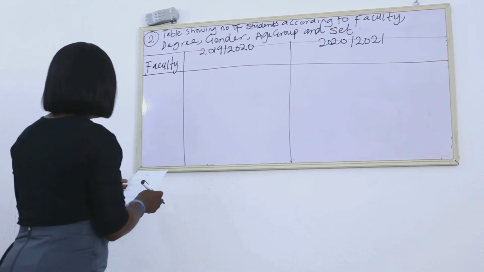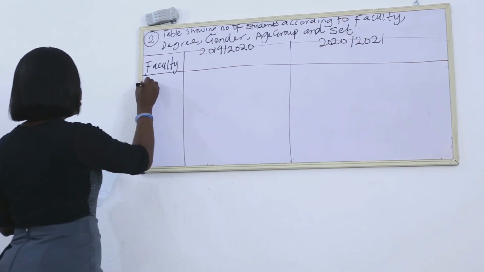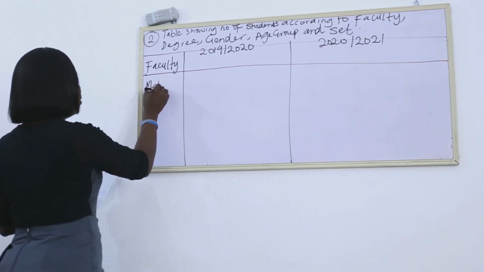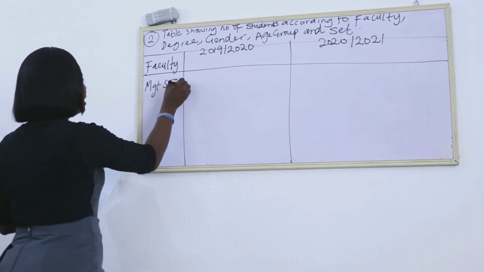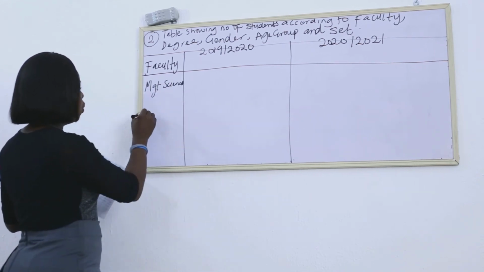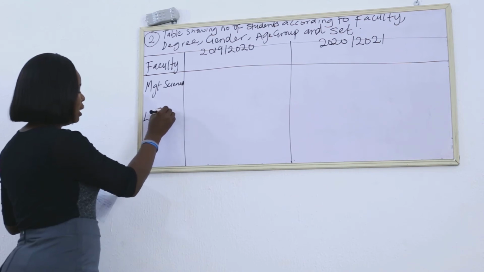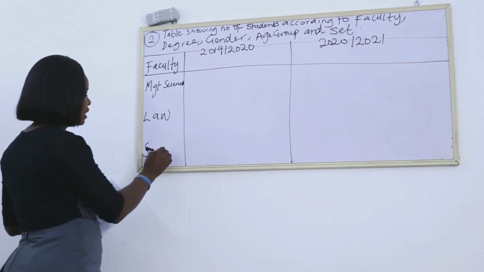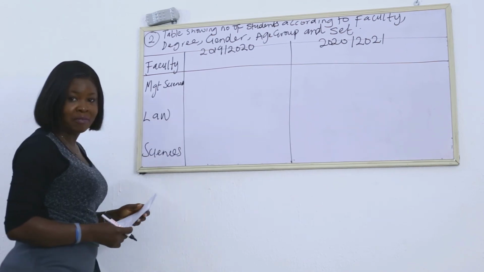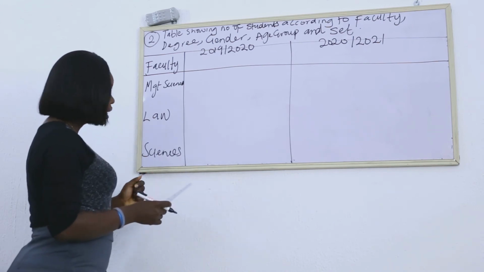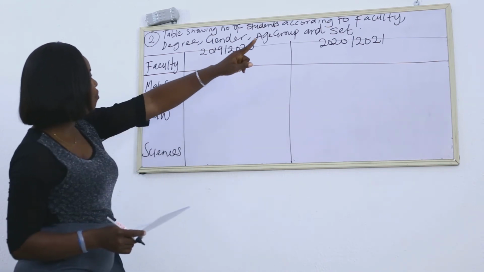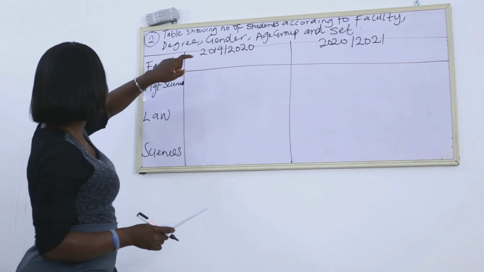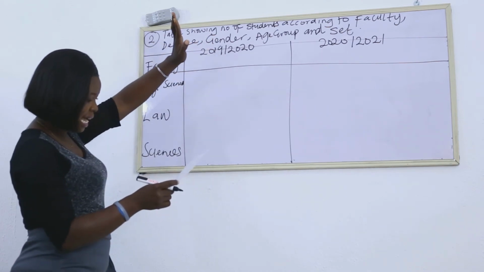Don't forget the faculties are Management Sciences, Law, and Sciences. Now I've done faculty and set, it remains the degree, the gender, and the age group.